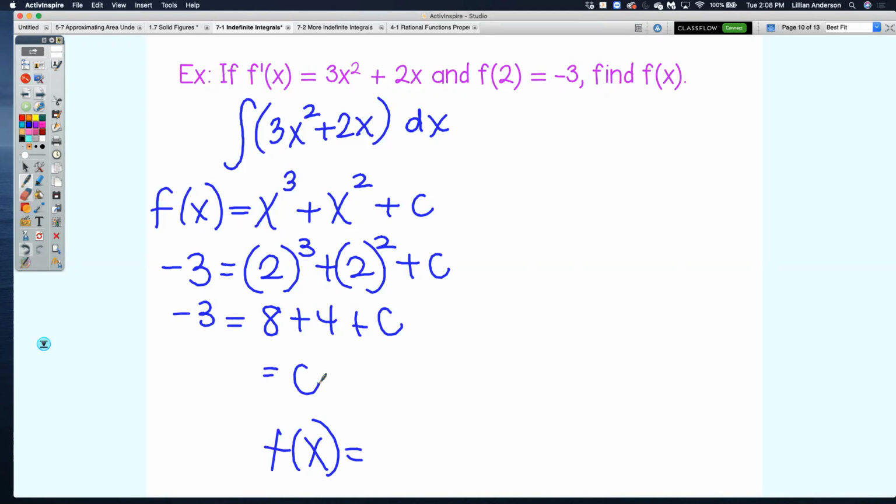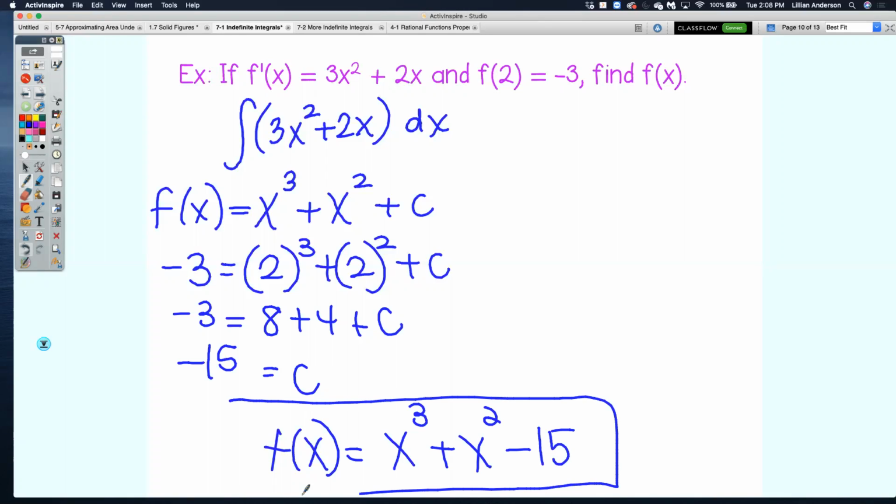So c is going to be equal to -15. So our equation is going to be x to the third plus x squared minus 15. And that's how we find the original function.